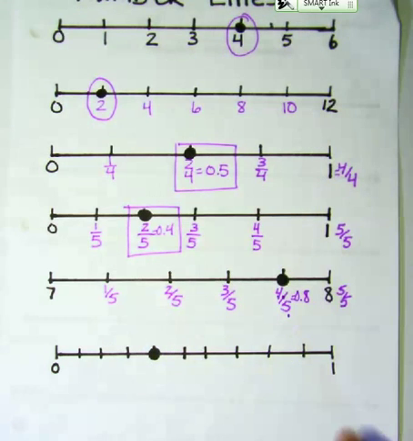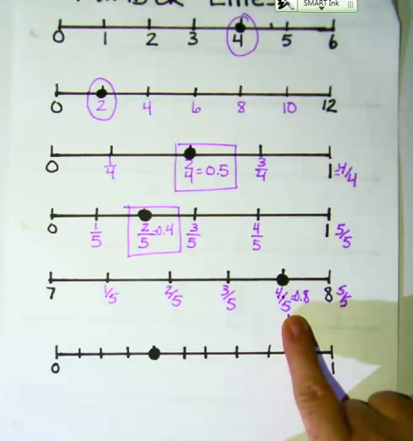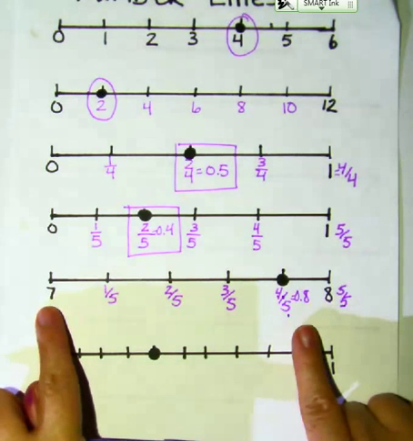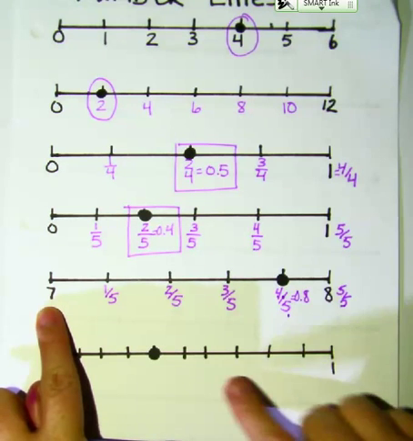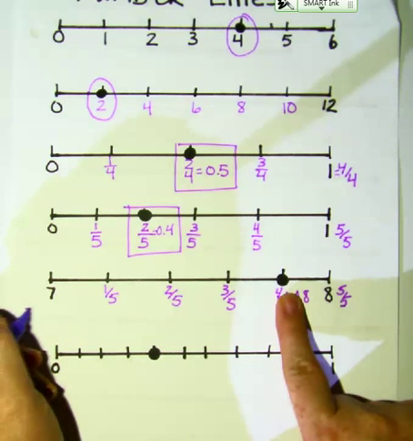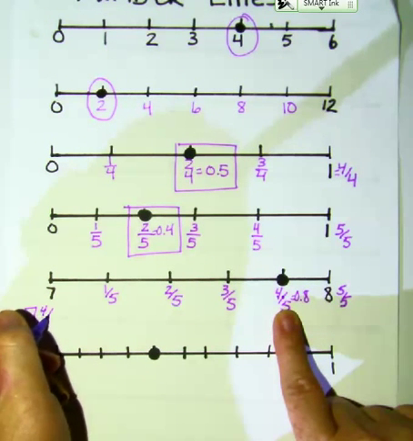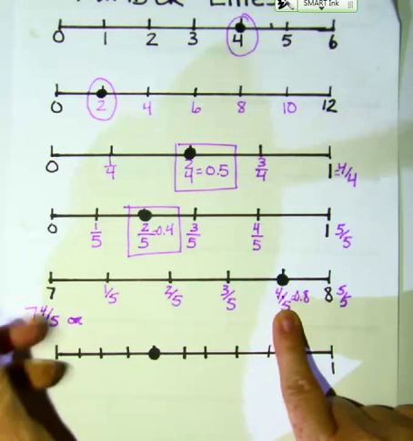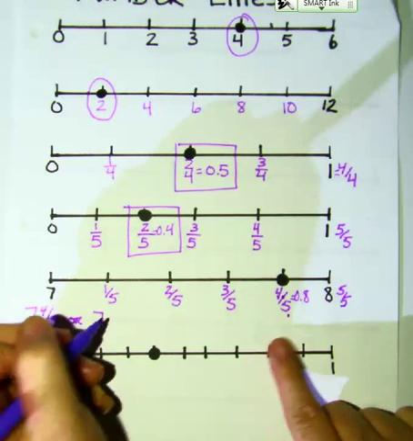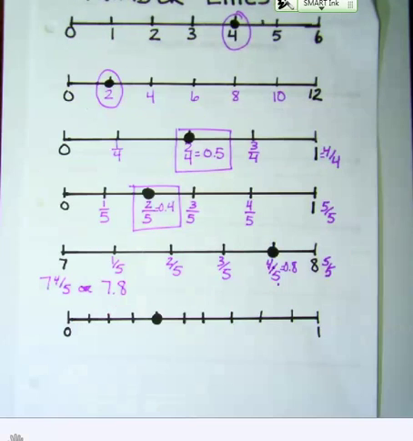But that's not actually where my point is located. Because it started with a 7, this dot is located at 7 and 4/5, or 7.8. That one's a little tricky.